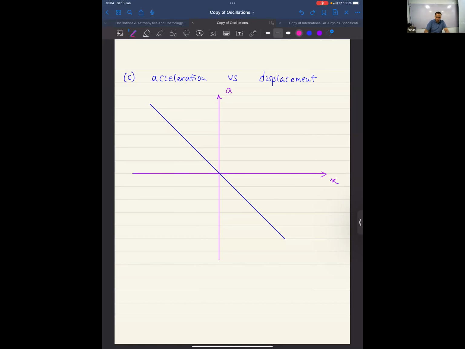It's a equals minus omega squared x. So the gradient will be a negative gradient.